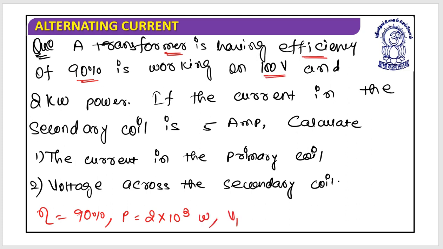That means the voltage on the primary side is given, which is equal to 100 volt. Now the current in the secondary coil, one more thing, Is is given, which is equal to 5 ampere. Yes, this is the data they have given. The current in the primary coil, that is Ip, is required, and the voltage across the secondary coil, Vs, is required. So first, how will I do this? What is to be done?